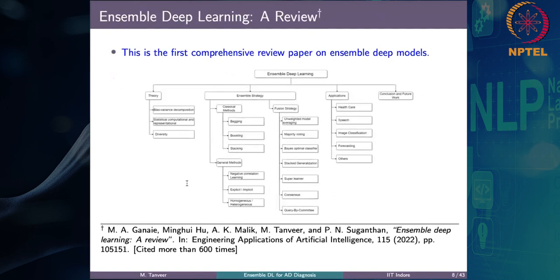This is essentially the first comprehensive review on ensemble deep learning. This is the first attempt in the literature to write a comprehensive review on ensemble deep learning. Here we cover the theoretical aspects, different ensemble strategies, and several applications, including healthcare, speech, image classification, forecasting, and several others.